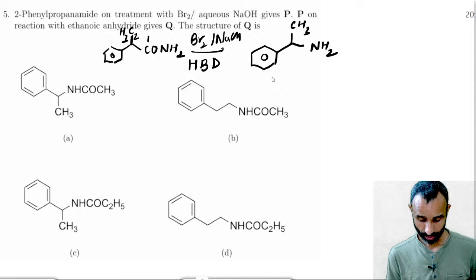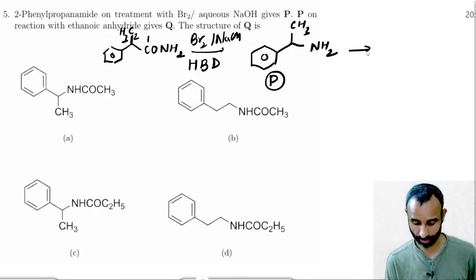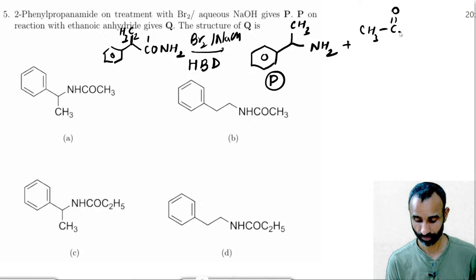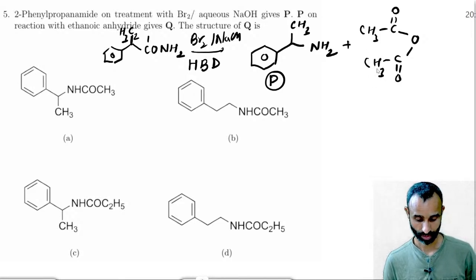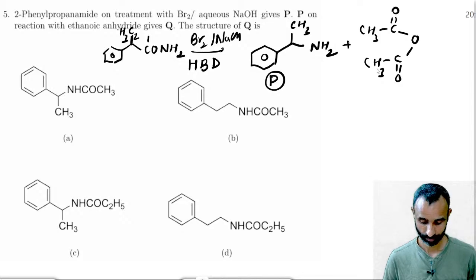So this is P. P on reaction with ethanoic anhydride. What is ethanoic anhydride? CH3, C double bond O, O, C double bond O, CH3, which is acetic anhydride. So this is an acylation reaction.